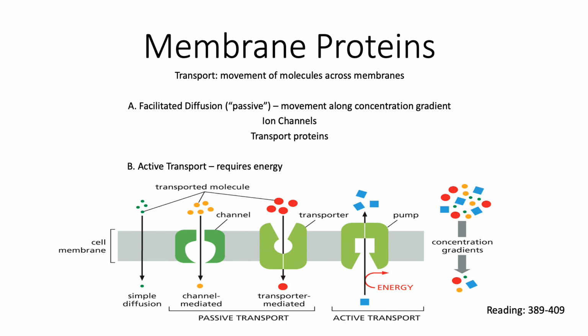So there's simple diffusion, like we talked about, where some of the molecules that are planar and non-polar, such as the steroid hormones like estrogen or progesterone, can just move through the membrane by simple diffusion, so they go from high to low.